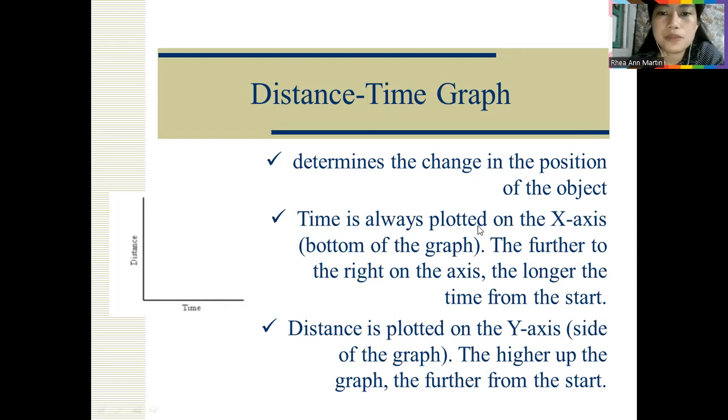Time is always plotted on the x-axis. The further to the right on the axis, the longer the time from the start. The distance is plotted on the y-axis, and the higher up the graph, the further from the start. So, from 0 until kung saan man siya nag-stop.